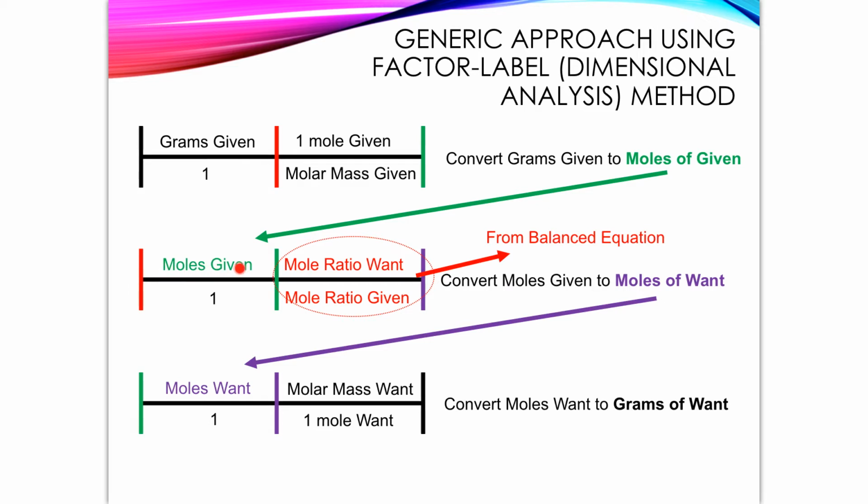So moles given, using the molar ratios from the balanced equation, we convert to moles of want. Once we have moles of want, that's the start point for the last conversion. Moles of want times the molar mass of that material gives me grams of the material that I want. So I'm going from grams given to grams want through this three-step calculation.